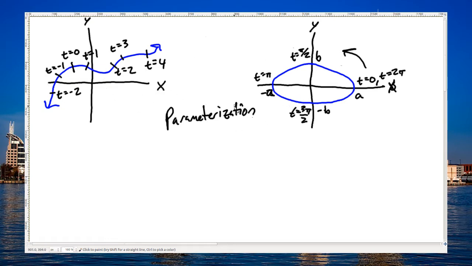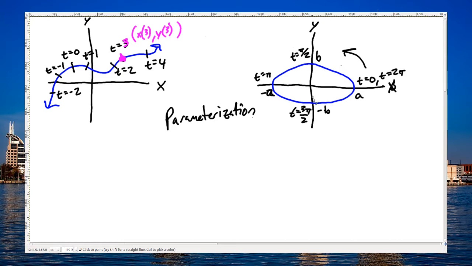So what's really going on here? Well, I'll take this point right here. This point has an x value and a y value. Because we're at time 3 at this particular point, we'll call that point x at 3 and y at 3.